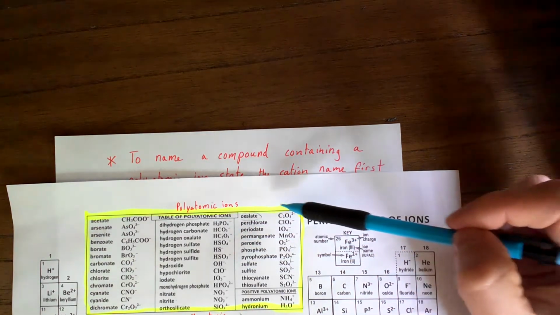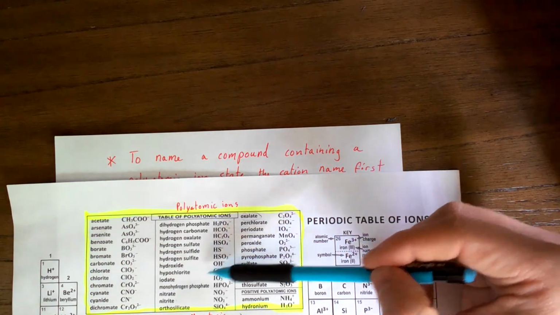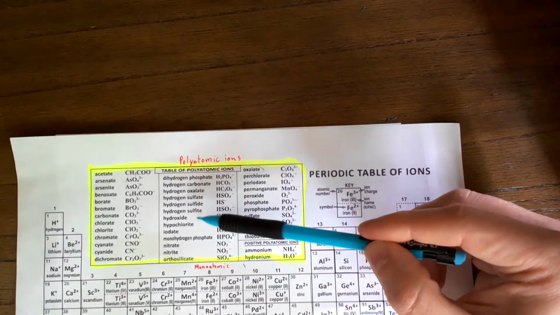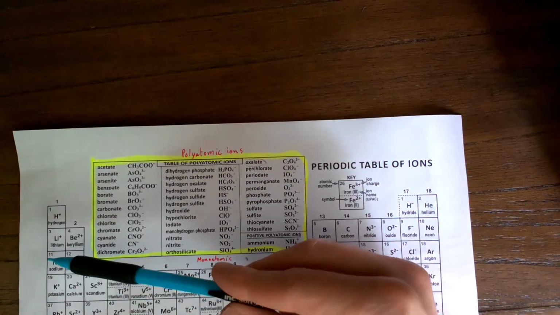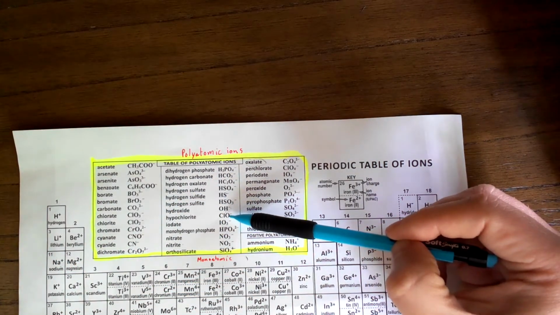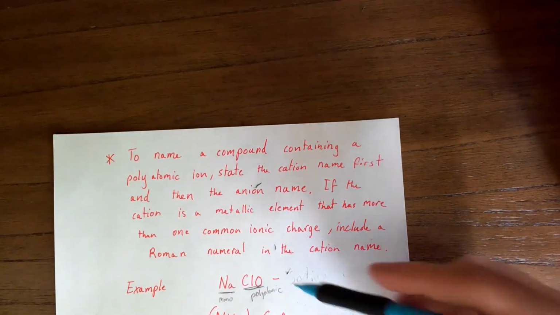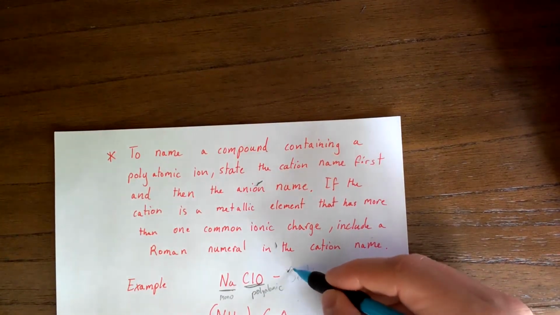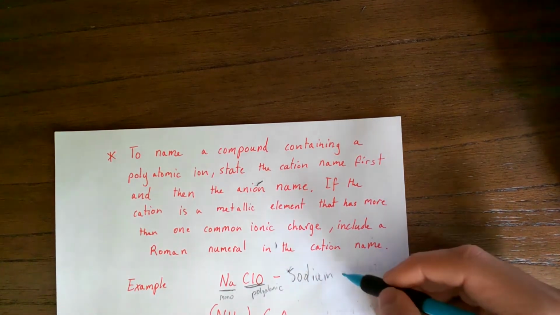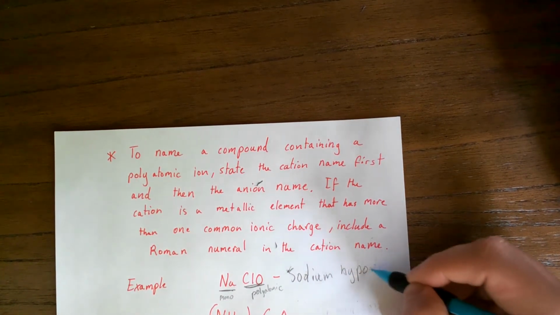ClO is right here, hypochlorite. So we have sodium and we have hypochlorite, ClO. So the name of this compound will be sodium hypochlorite.